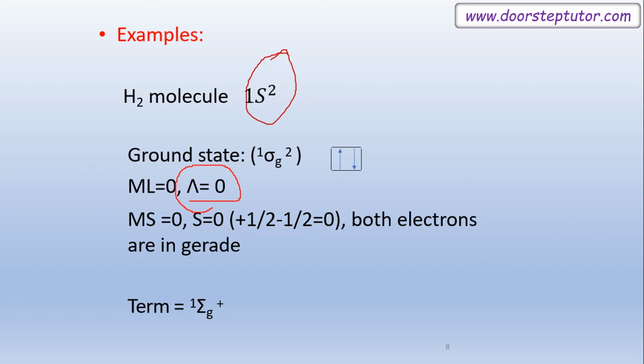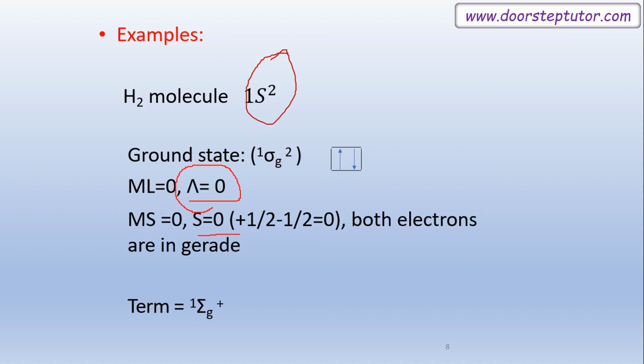Then we will see the spin multiplicity. Clear, students? The S value is 0, because here we have two spins, one clockwise spin and one anti-clockwise spin. For clockwise it is plus half, for anti-clockwise minus half, so plus half minus half is equal to 0. Therefore the S value is equal to 0.